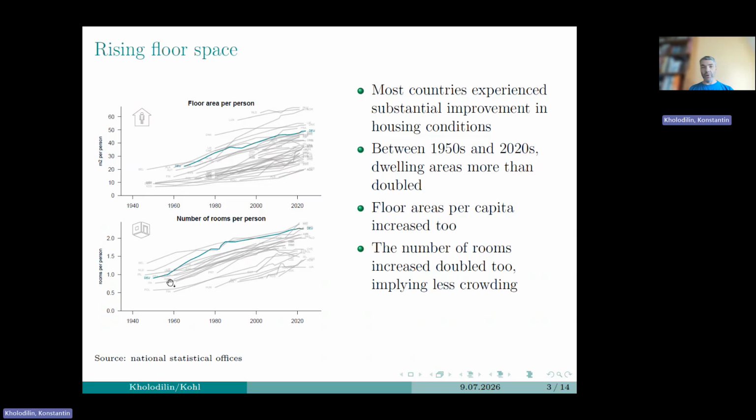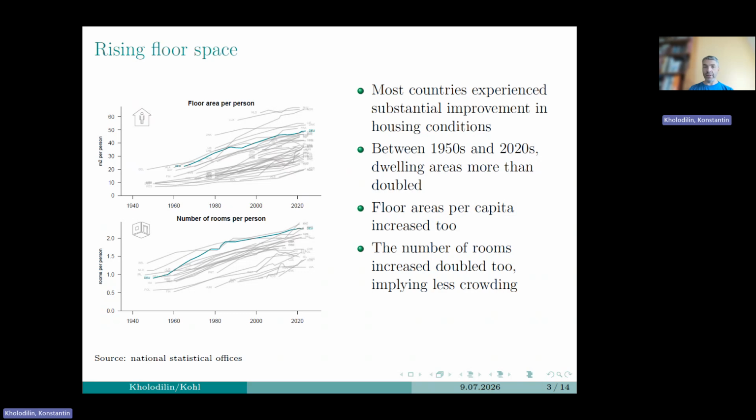Similarly, the number of rooms per person increased too. It used to be 0.7, 0.75, and then it went up at the end of the sample to 1.5. This indicator is especially interesting and important because it's used to measure crowding.